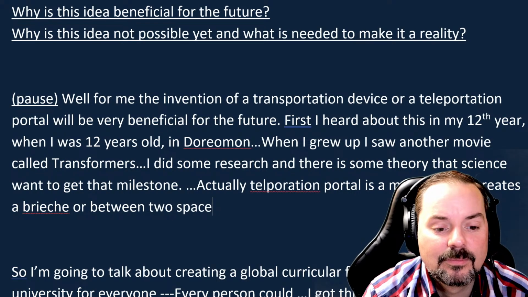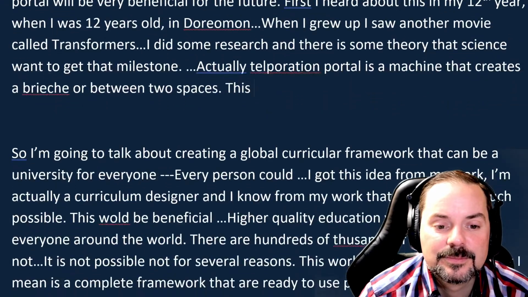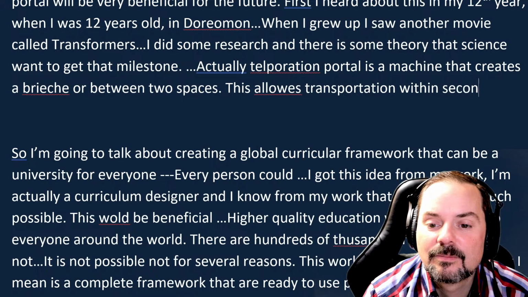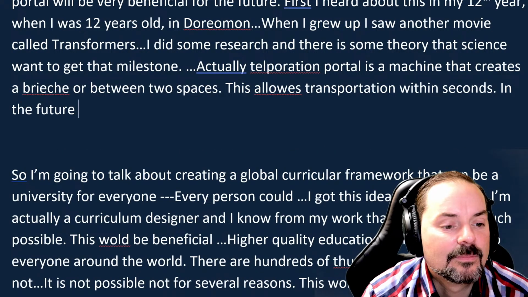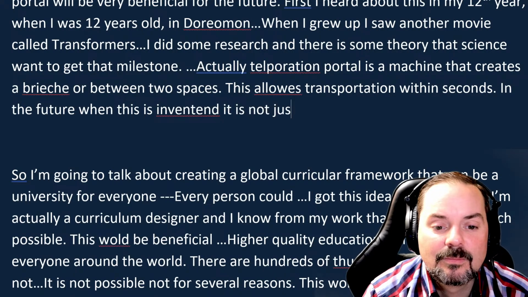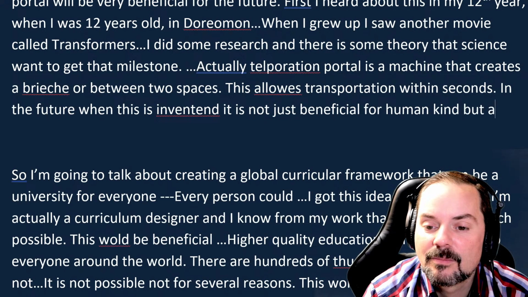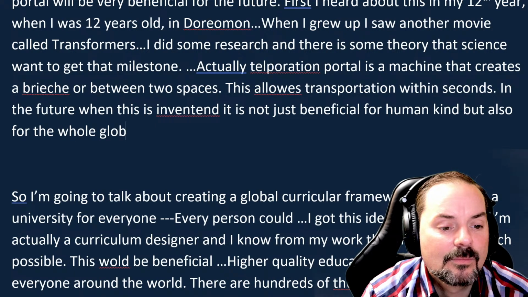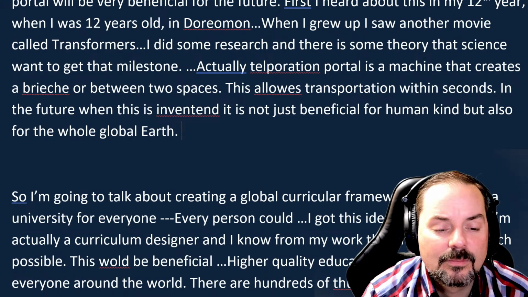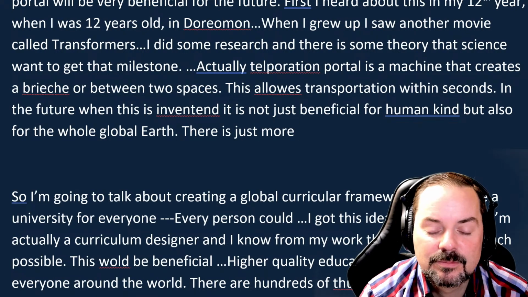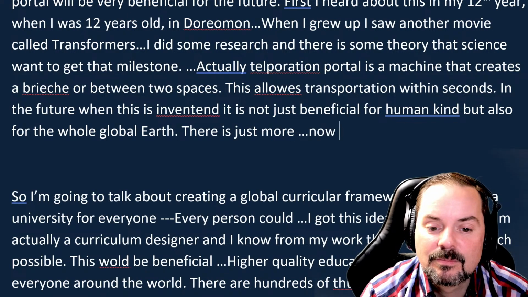In the future, if we get a teleportation portal or teleportation device invented, it will be very beneficial not only for humankind, but also for the whole Earth, because nowadays there are many disasters that happen at sea and also in the air through planes, when people travel through the sea or by plane.